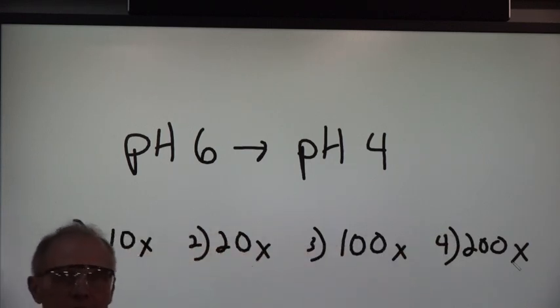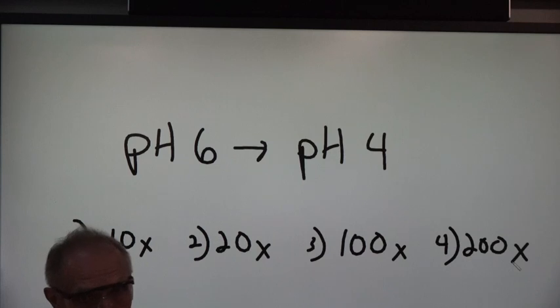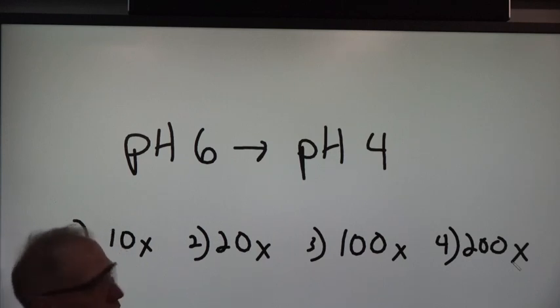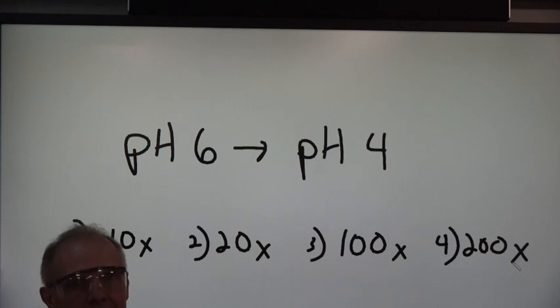Now, this was on the Regents, like I said before, and very few people got this right on the test. But once again, if you were paying attention, that answer is right in your review book under Understanding pH in Chapter 8.